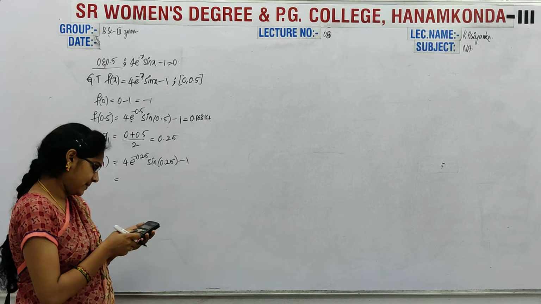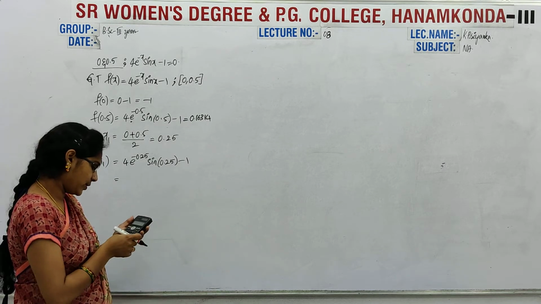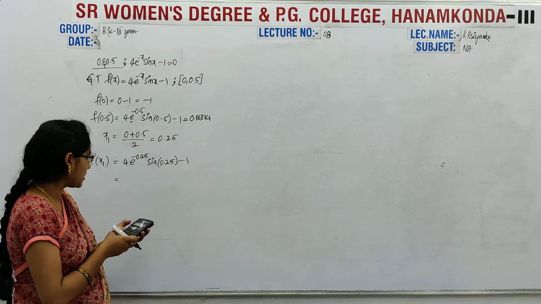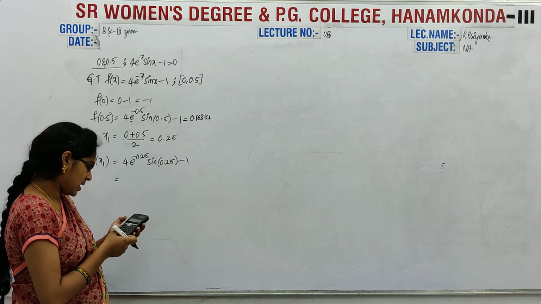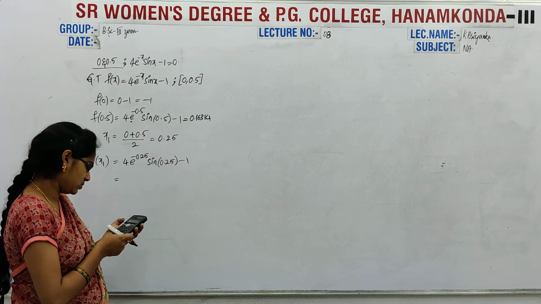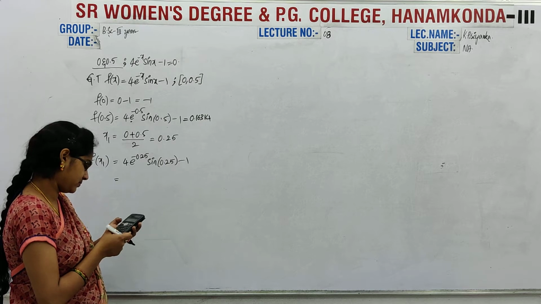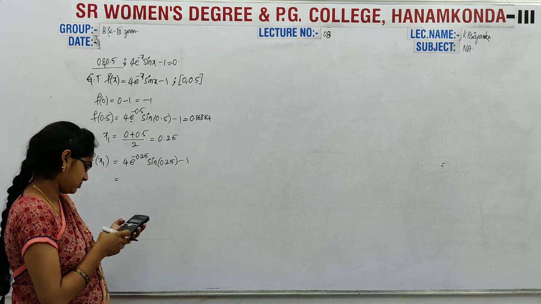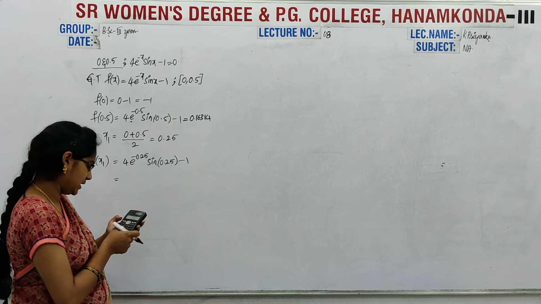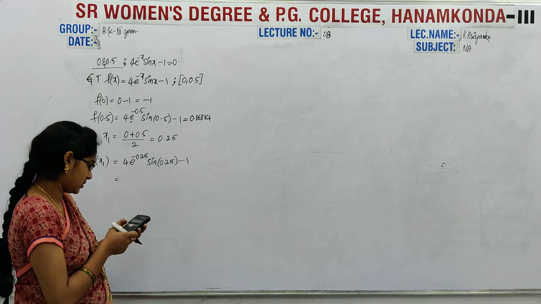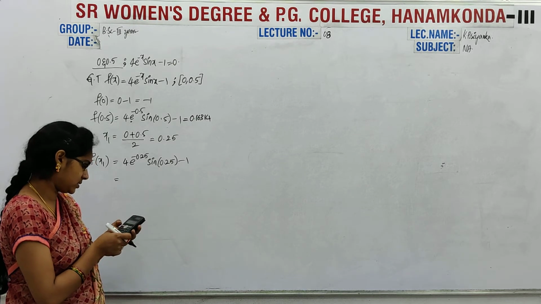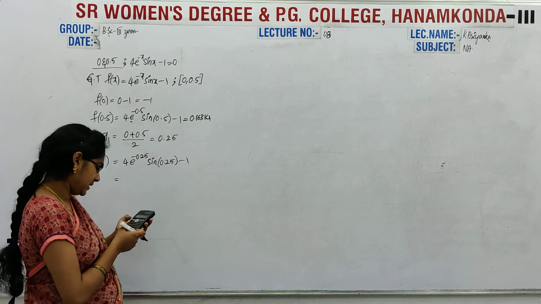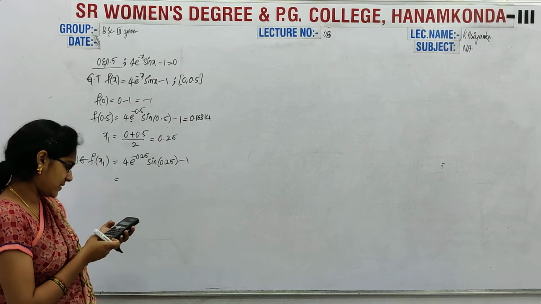First of all, e power minus 0.25, we have some answer, directly into sine of open bracket 0.25 close bracket, again into 4 minus 1.